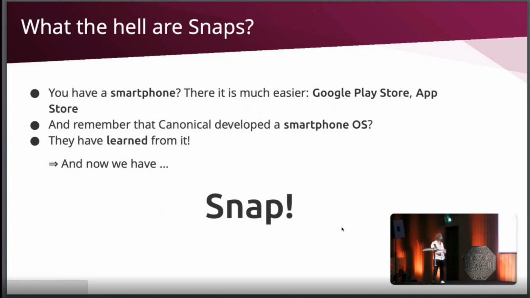And you also perhaps remember that Canonical developed a smartphone operating system many years ago. They gave up on it. The community is continuing on it, but Canonical has the expertise of smartphone operating systems, and they learned from it. And what came out of it is Snap.